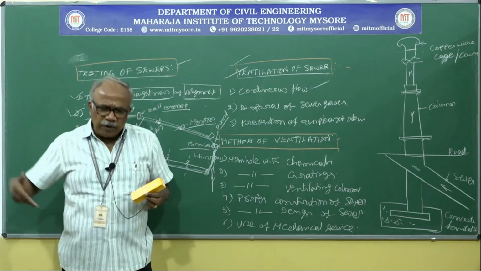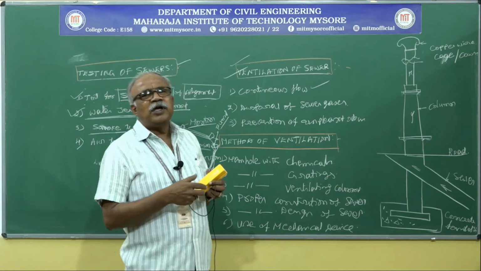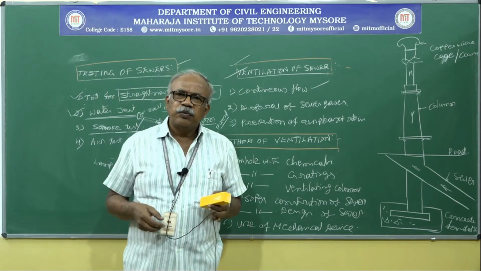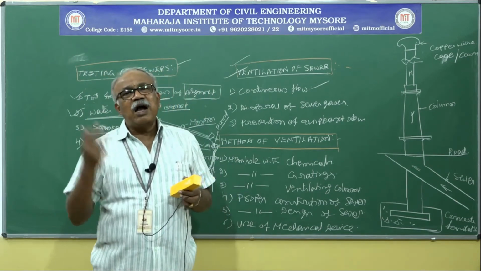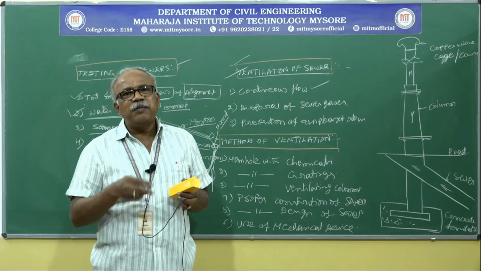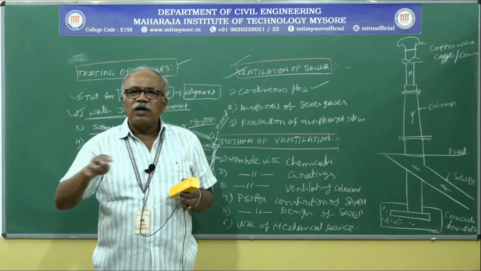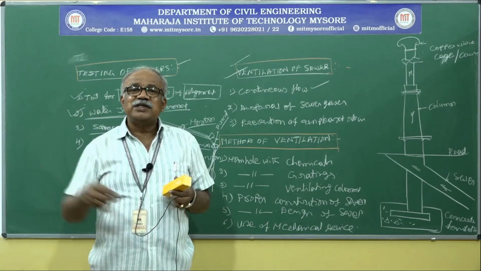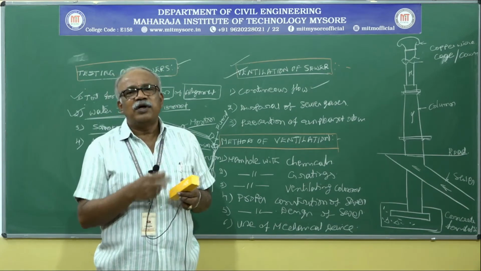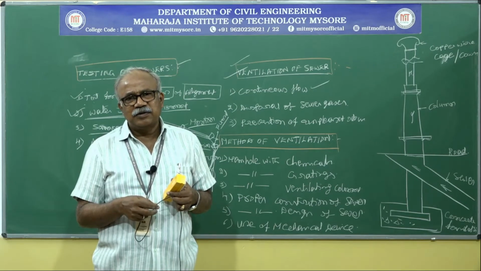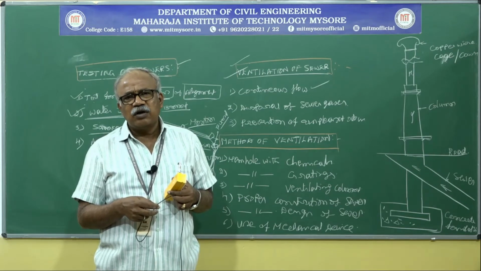The wastewater will be continuously flowing in a sewer due to external or atmospheric pressure variation. There will be sudden falls, sudden variations in the flow due to the external pressures. Are you clear or not?